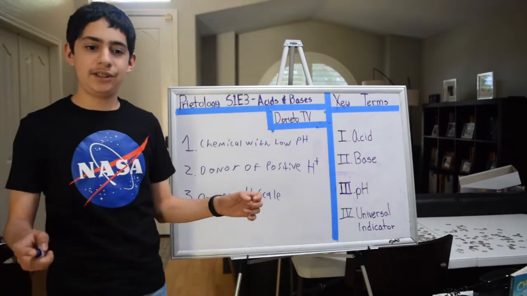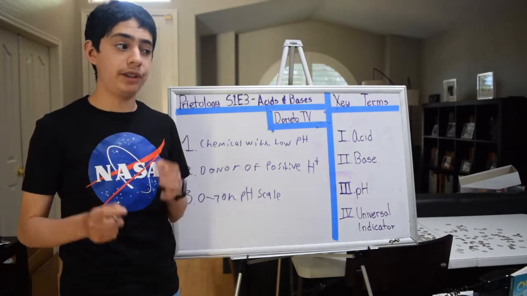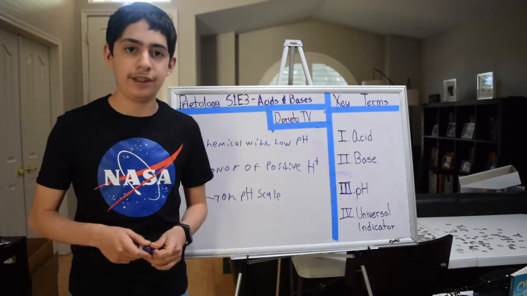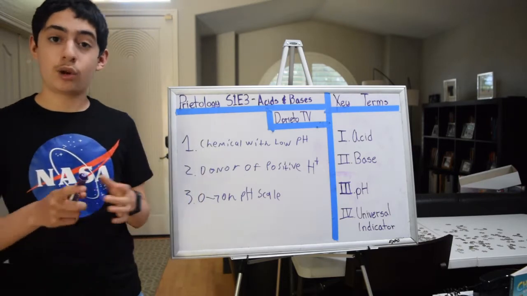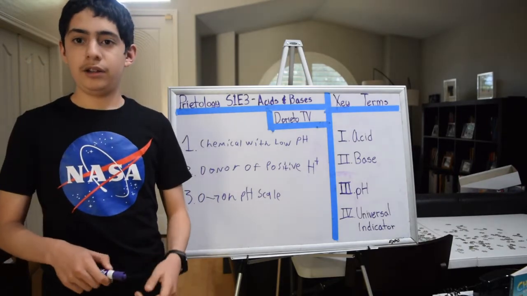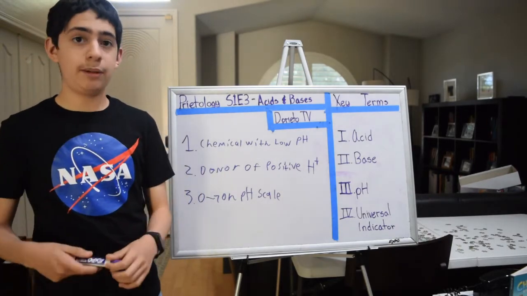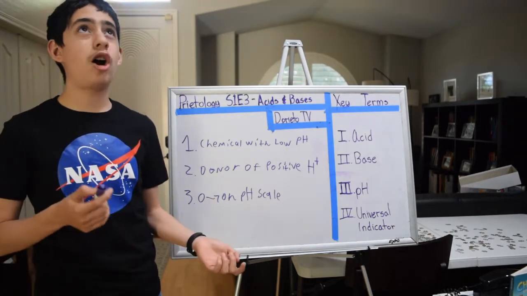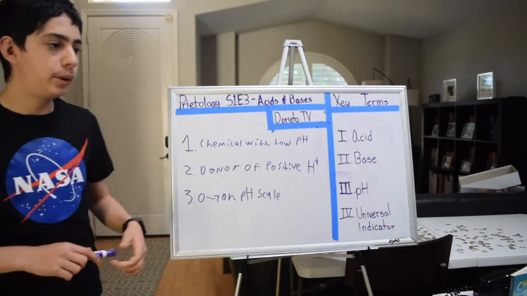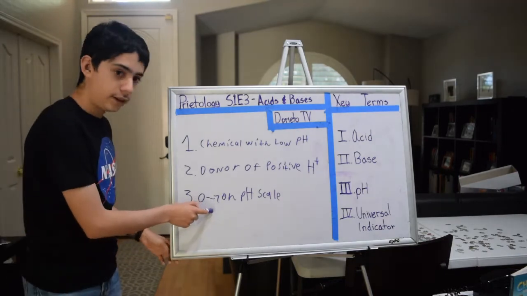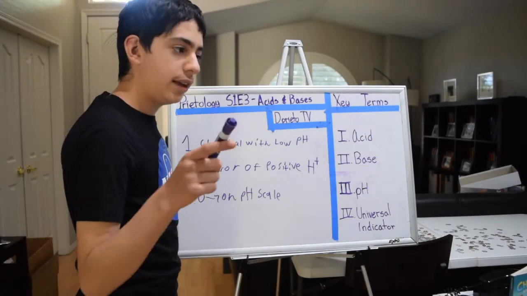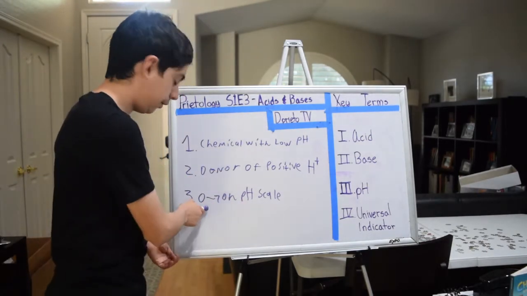Usually weak acids are very corrosive. An example of a weak and corrosive acid is methanoic acid, and strong acids are sometimes mild. An example of a strong acid is carborane superacid. Usually weaker acids are higher, near the 7 range, and stronger acids are usually near the 0 range.